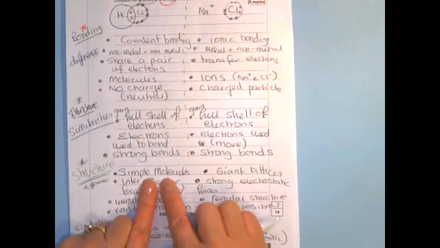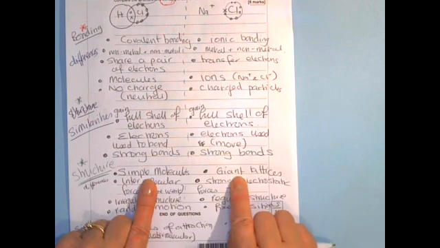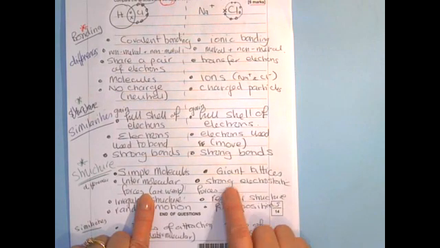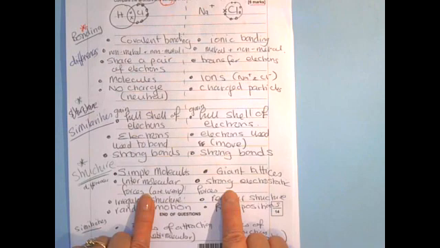So in HCl we've got simple molecules, whereas in NaCl it's a giant lattice structure. In hydrogen chloride we've got intermolecular forces between the molecules which are fairly weak, which is why they're simple molecules and they're usually gaseous. Whereas in sodium chloride we've got strong electrostatic forces, which means they're usually solid.